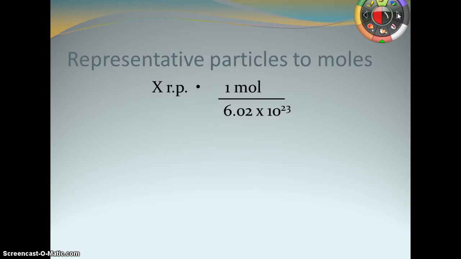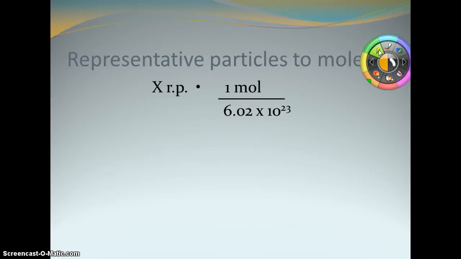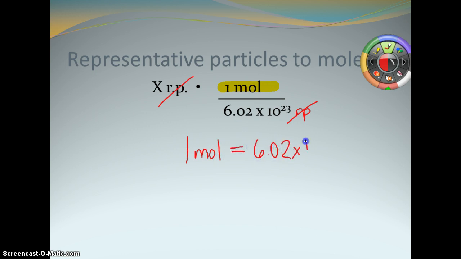We want moles, so 1 mole goes in the numerator, and you're trying to get rid of the representative particles, so they have to be in the denominator so that they can cancel out. 1 mole is always equal to Avogadro's number of particles. Since these are equal to each other, you can set them in a conversion factor one over the other, depending on what you are looking for.